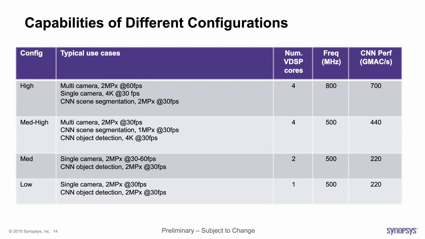The CNN engine, of course, can do the same performance. At a medium level, now we have two Vision CPUs. Again, the same level of performance with a CNN engine, so it's going to have the same operation capability. Now we can support 30 to 60 frames per second, 1080p.